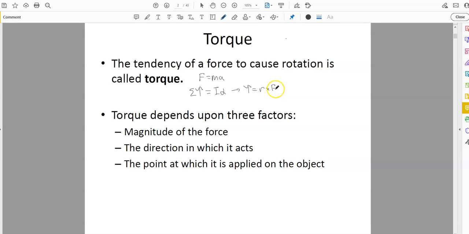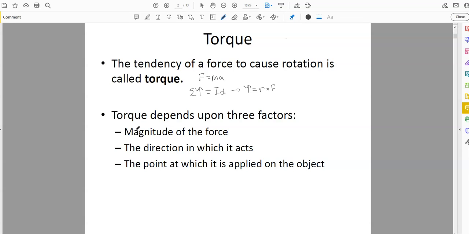This would be like mass times gravity times how far it is away from the pivot point. So we're going to talk a lot about all these torques, but really the basic understanding of torque is it's a force about a circle. There are some things that you need to know.